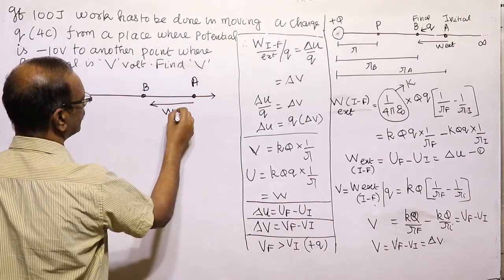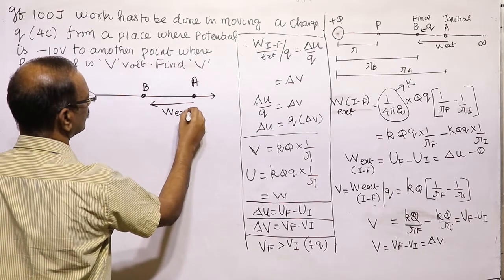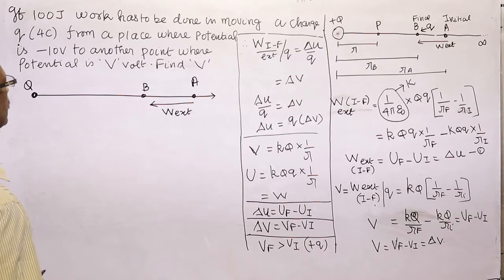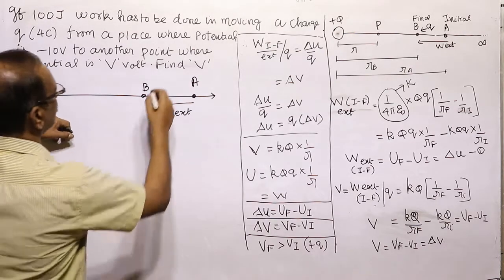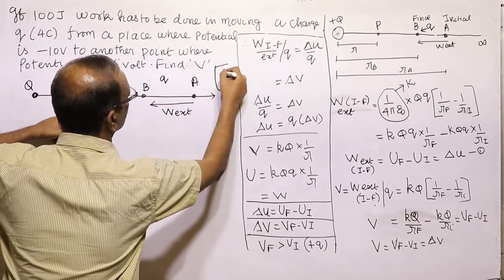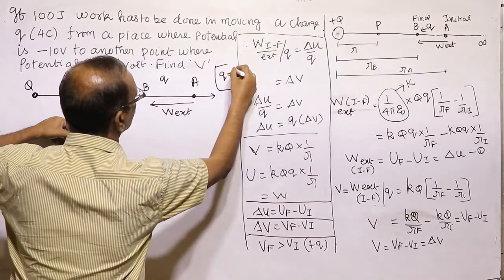This means work is done by an external agent from A to B, and the charge is equal to 4 coulomb. Q is equal to 4 coulomb.